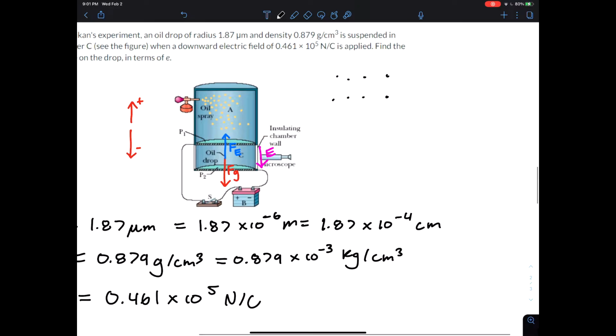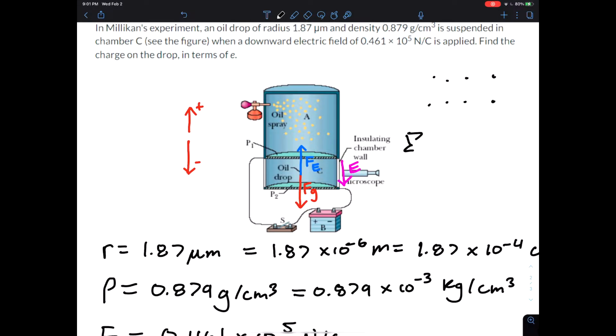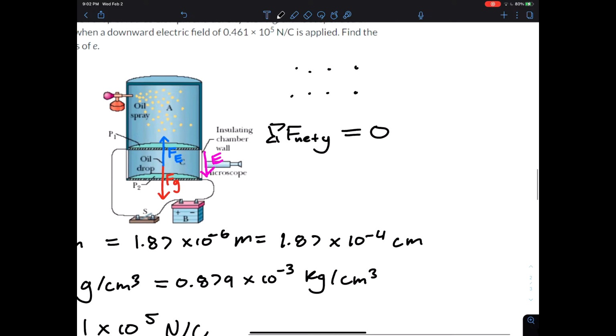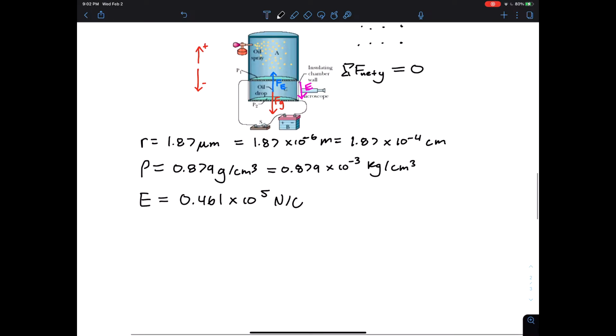Now, our forces are equal in magnitude and opposite in direction, and we know our net force in the y direction is equal to 0, or in the only axis and direction that they're moving.